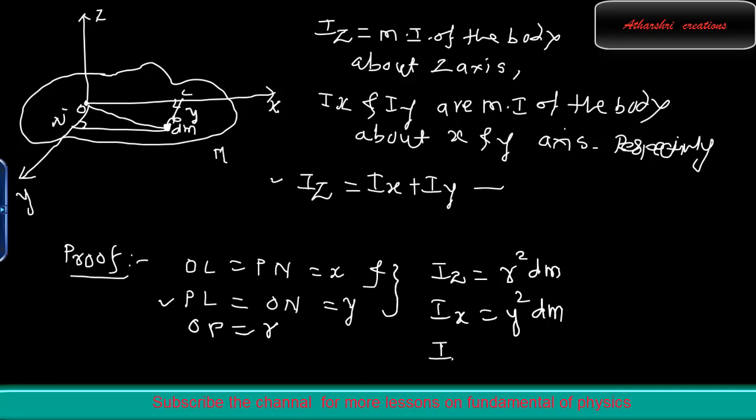Similarly, the moment of inertia of the small element about the y-axis is x square dm, because the distance of the small element dm from the y-axis is equal to x.